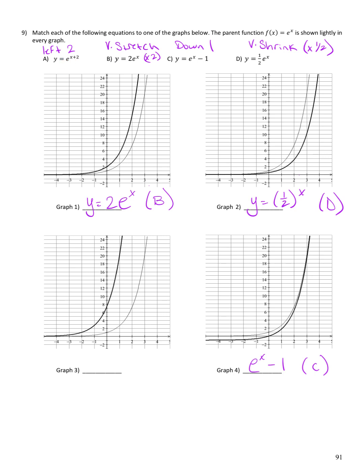Let's verify. My original function had the point (0, 1). If I move that point left 2, I do land on the transformed function. So this is my left 2, y equals e to the x plus 2, which is equation A.